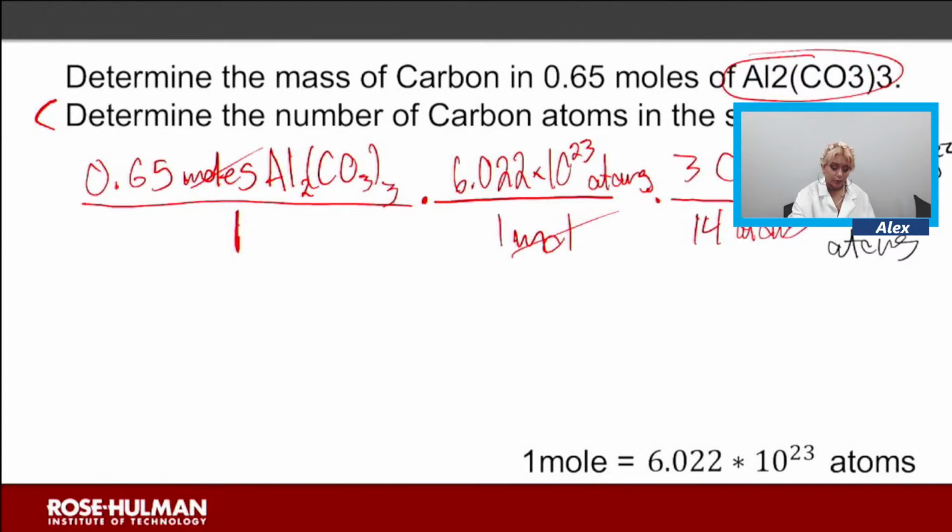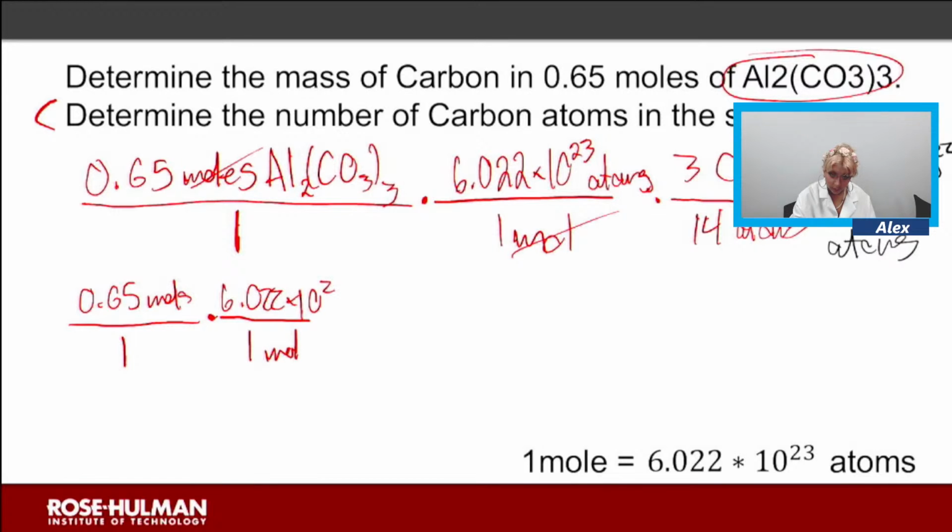So if we're going from 0.65 moles to grams, then we want to convert this from moles to atoms.